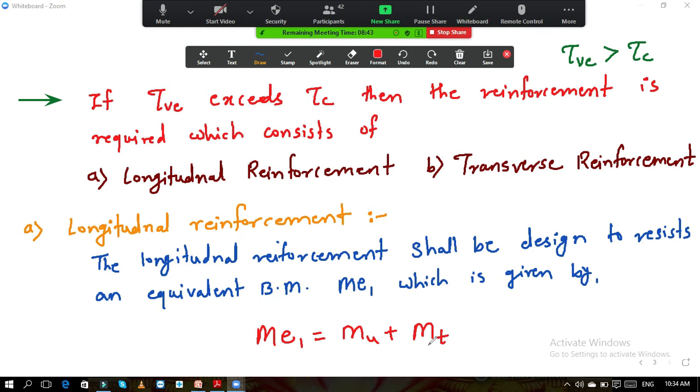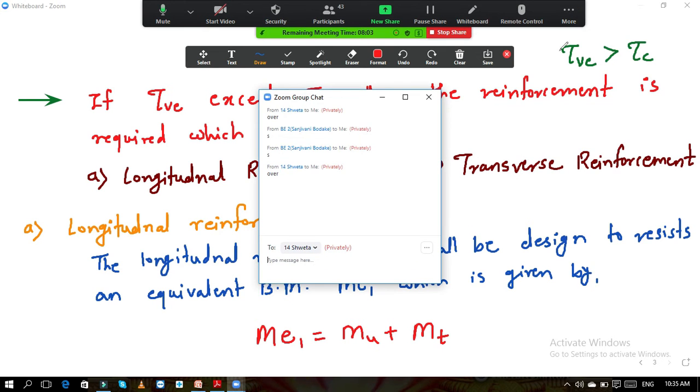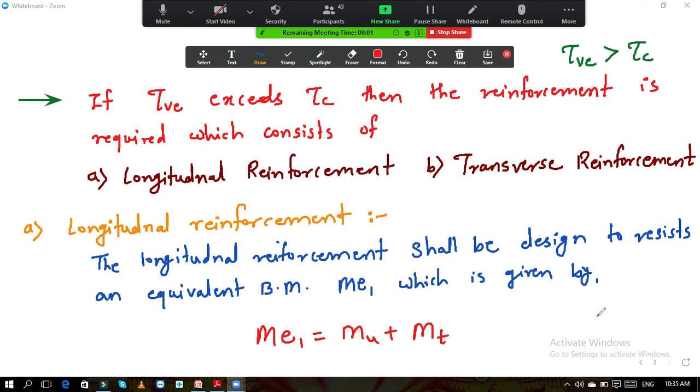Okay, so let me know if you finish. We will move to the next part. So this is about longitudinal reinforcement, how we are going to design it.